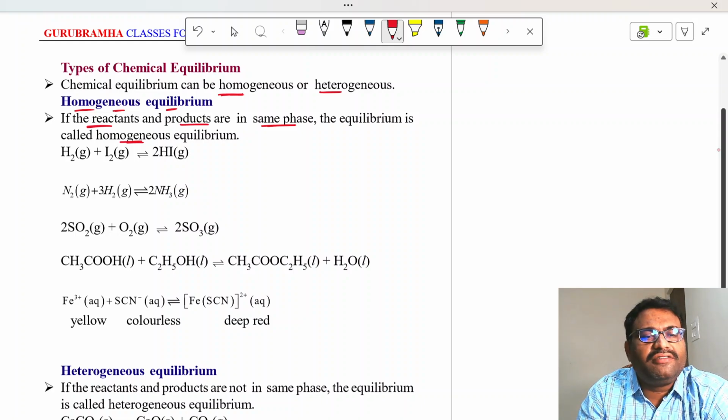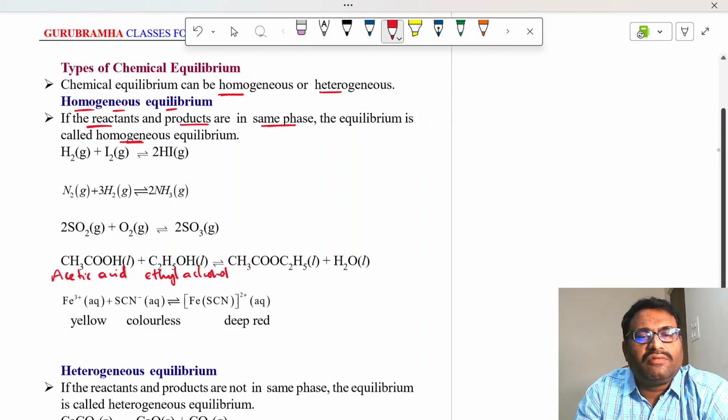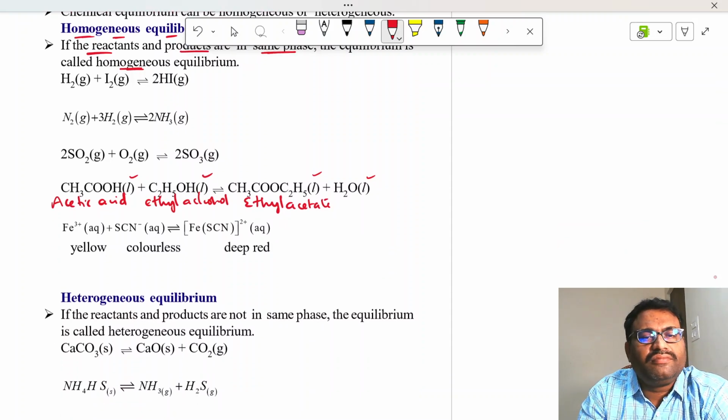So acetic acid, what is this? Acetic acid, ethyl alcohol, ethyl acetate, all are in which state? Liquid, all are present in the liquid state. So as all are present in the liquid state, this is again homogeneous. Homo means same.